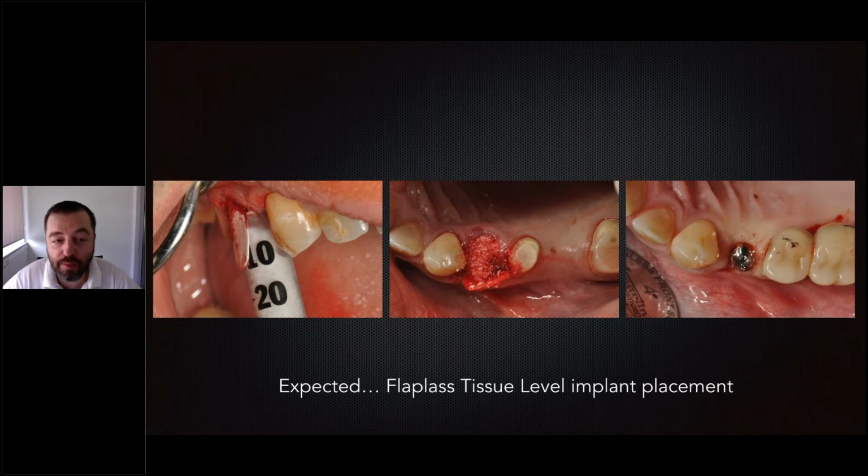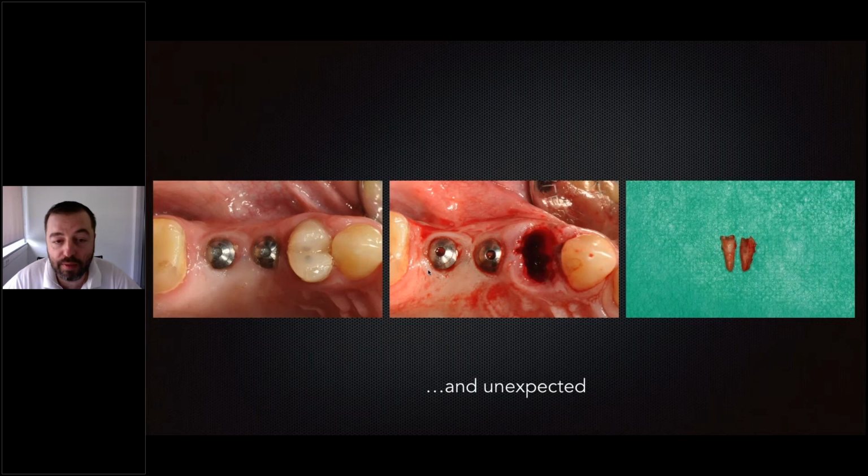We also had a problem during the treatment because of the, let's say, extended provisionalization. We lost another premolar, and here we had to take it out traumatically.